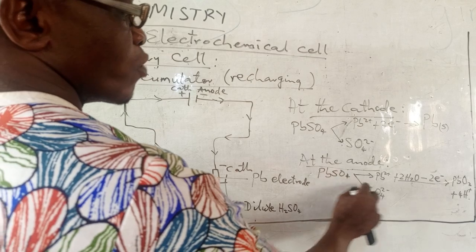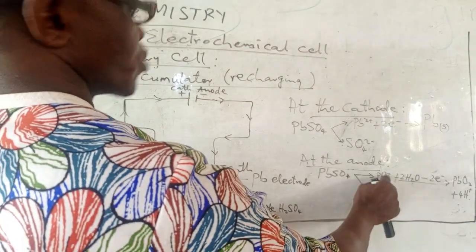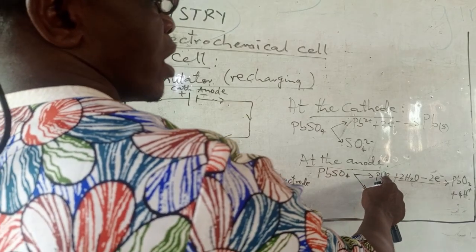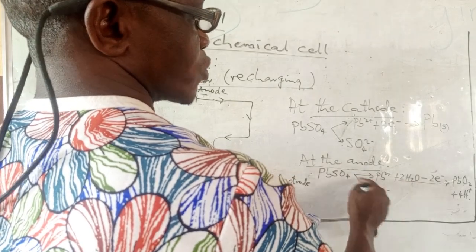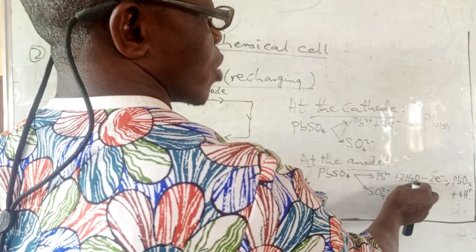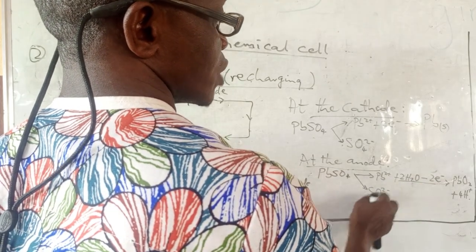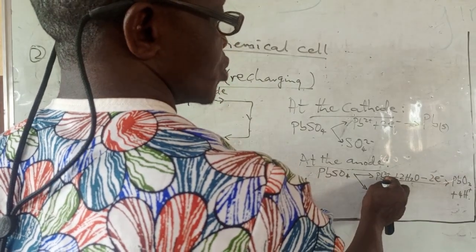The SO4 from here will fall into the solution, leaving you with Pb2+. And that Pb2+, remember, 4 hydrogens came from the solution to react with it. They react with it to form water molecules. So the 4 hydrogens here will go back to the electrolyte, leaving the oxygen to this Pb.